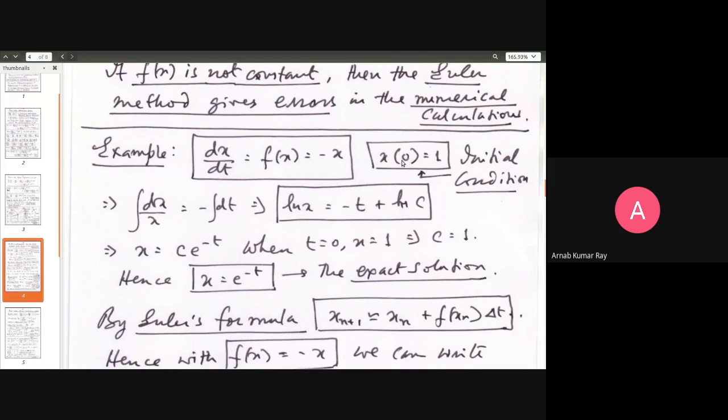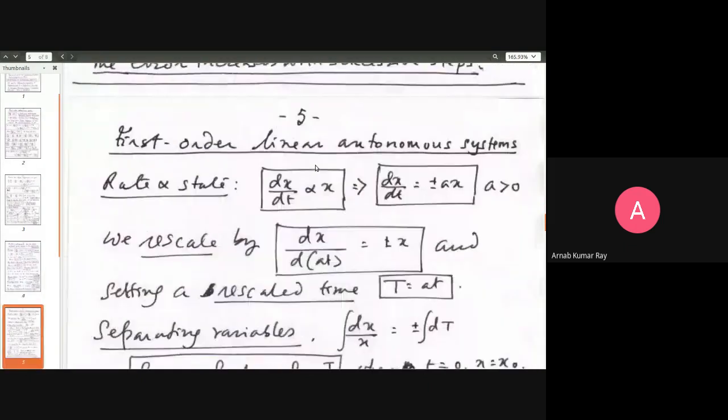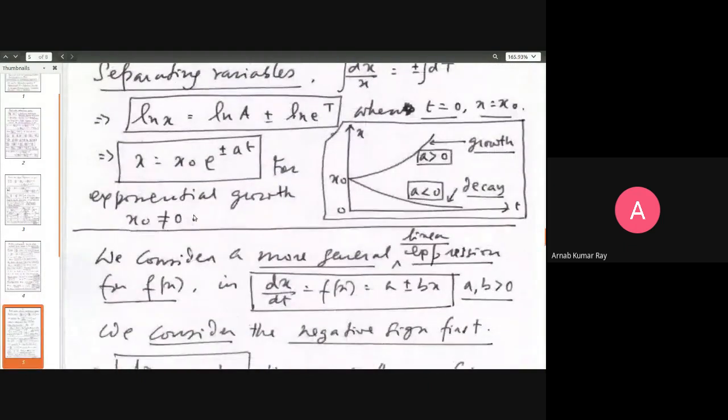Instead of x at t equal to 0 being 1, you write x at 0 is equal to 0. Initial value is 0. And then your growth rate is also 0. So you have got nothing to start with, and therefore you're going nowhere either. As a result, continuously, you'll just be returning 0. So be very careful about that particular point.